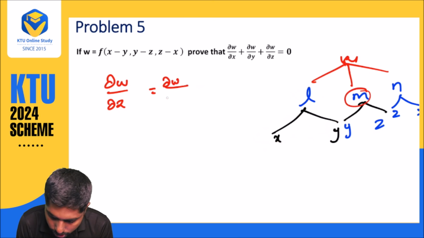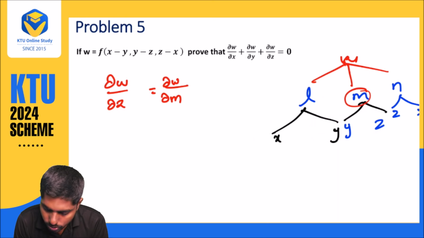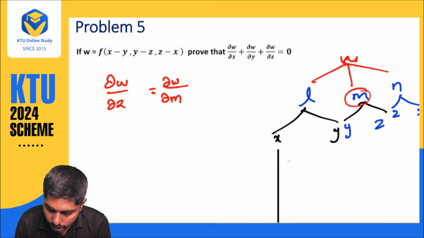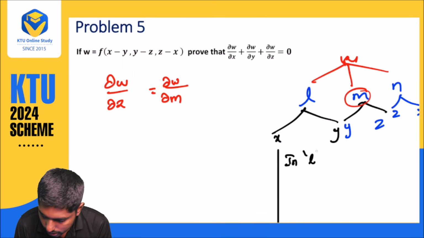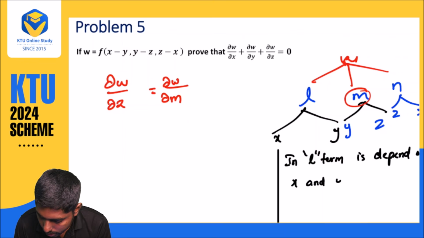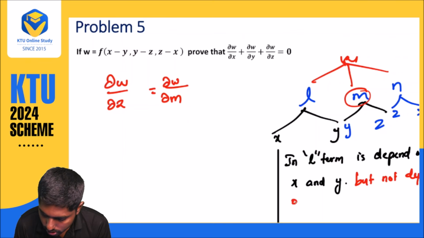So dou w by dou z is equal to dou w by, so what will come? M we can able to take. The reason why I am not taking L is that the L term is dependent on x and y but not dependent on z value.